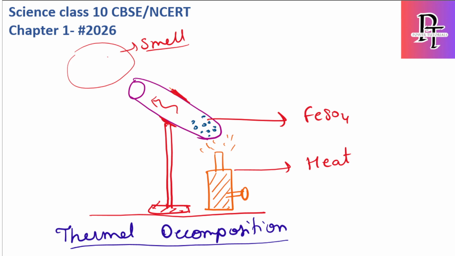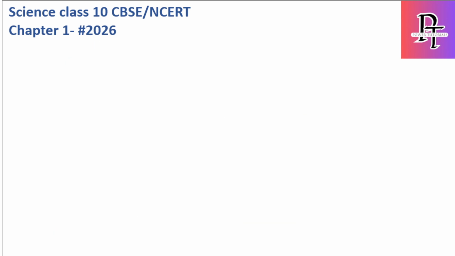Those two will be covered along with the other types, which are displacement, double displacement, as well as redox and oxidation. Those will be covered in the part 3 video.